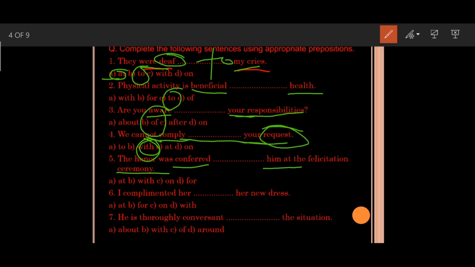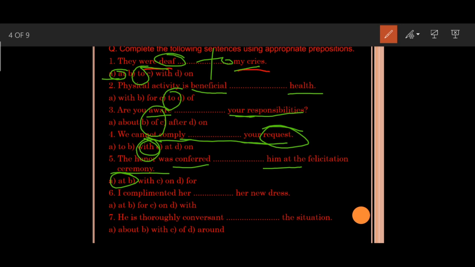Alright, so instead of saying the honor is bestowed, we will use the honor was bestowed, or the honor was conferred on him at the felicitation ceremony. We cannot use the honor was conferred at him, it's wrong.